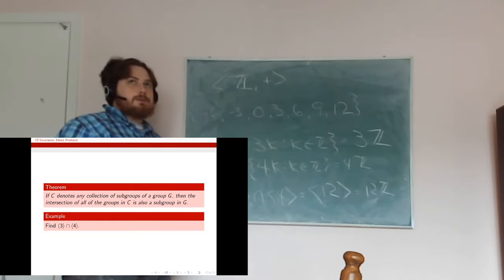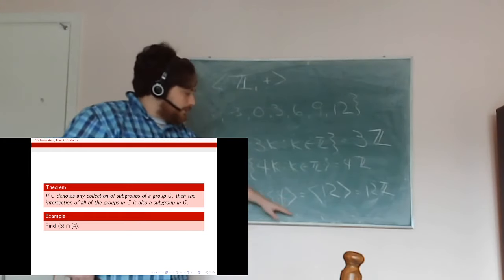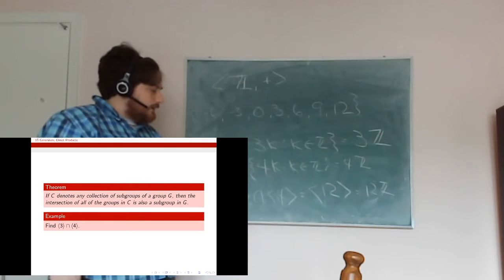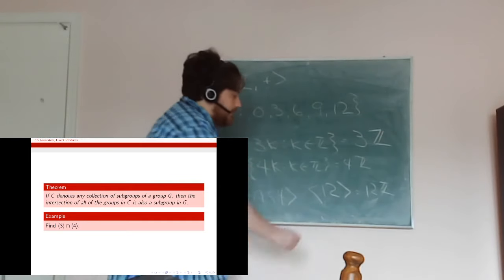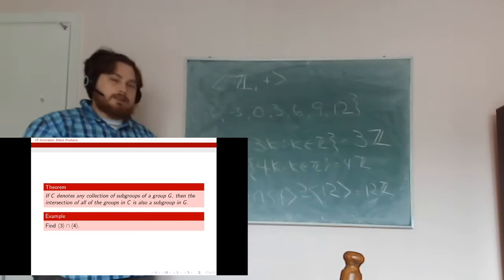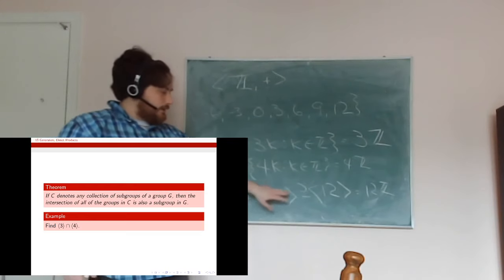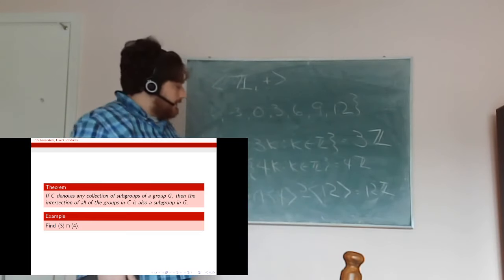Well, 12 is 3 times 4, so if I'm a multiple of 12, I have to be a multiple of 3, right? And if I'm a multiple of 12, I have to be a multiple of 4. So therefore, what we've just shown without having to do too much work is that this is indeed a subset of this. But if I want to show equality, I have to show that this is a subset of this.